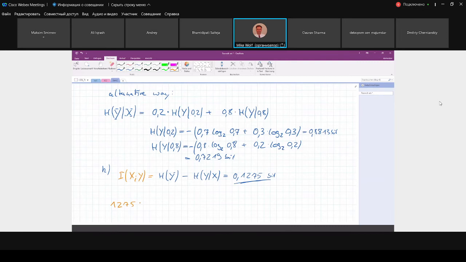If it's a block code, we could say we use a very large block, and the first 1,275 bits are info bits, information bits. So this is the original information, and we try to transmit this information error-free. And then we add redundant bits.